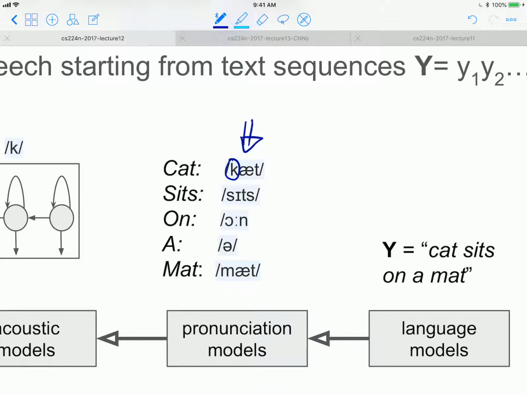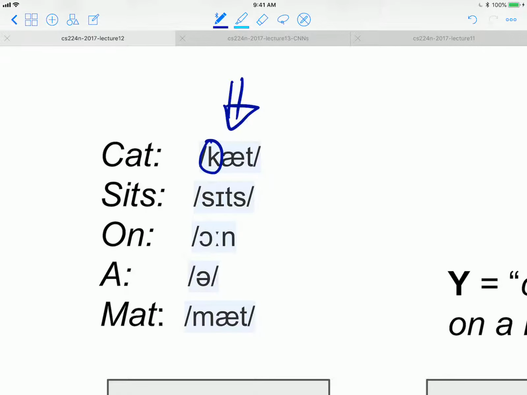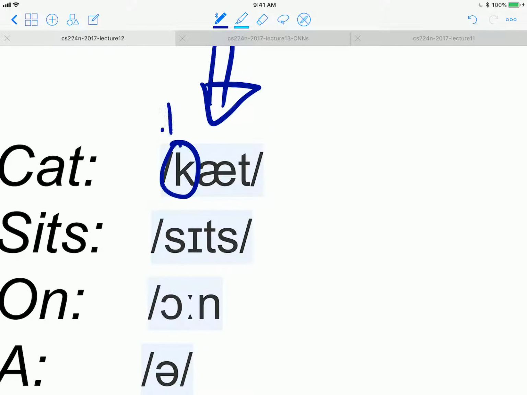Yep. Okay. So I think this one, and also ta, it's like that.